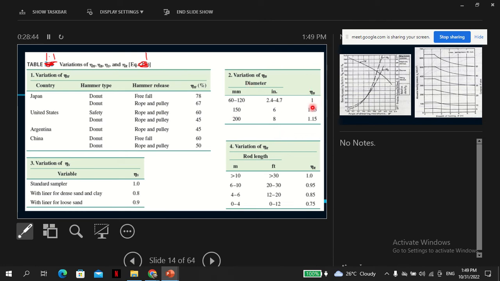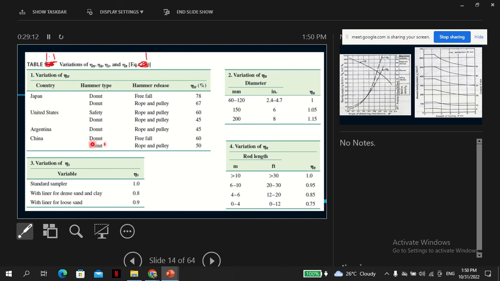So NH is 1, 1.05, 1 point... No, this is not the sampler. This is the NB, the hole diameter. Between 60 to 120, you don't correct. If the borehole diameter is 150, you use 1.05. If it is 200, you use 1.15.